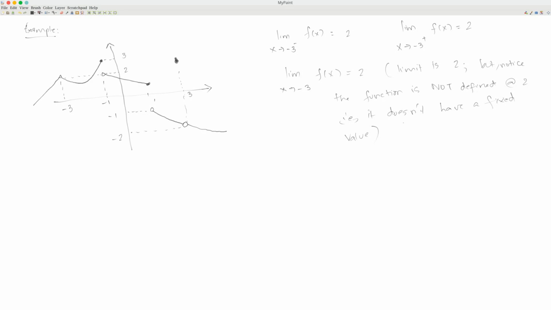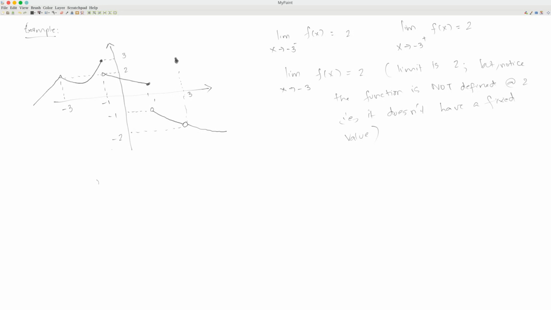Right? So at a point, the limit might exist, but the value of the function may not exist. In this example, it is very clear that the limit at negative 3 is 2, even though the function is not defined at negative 3.